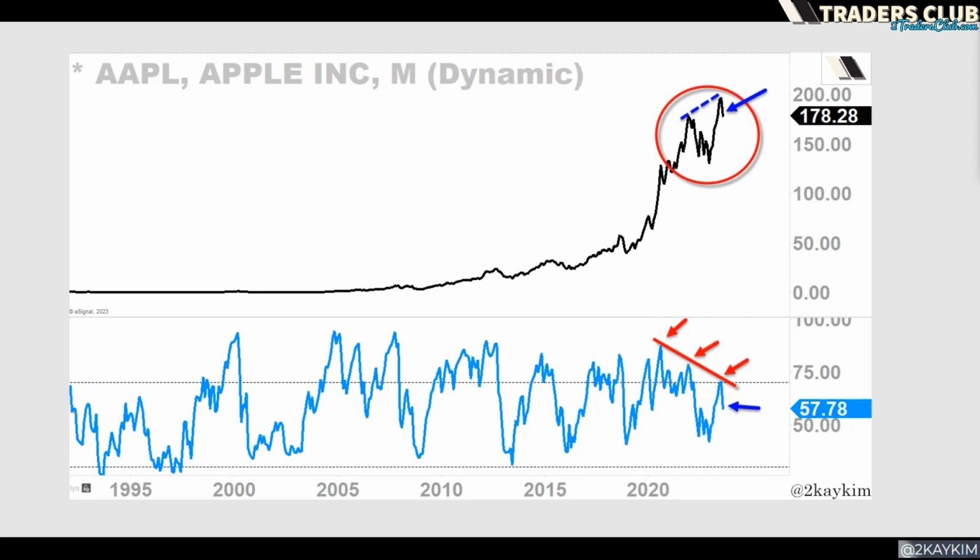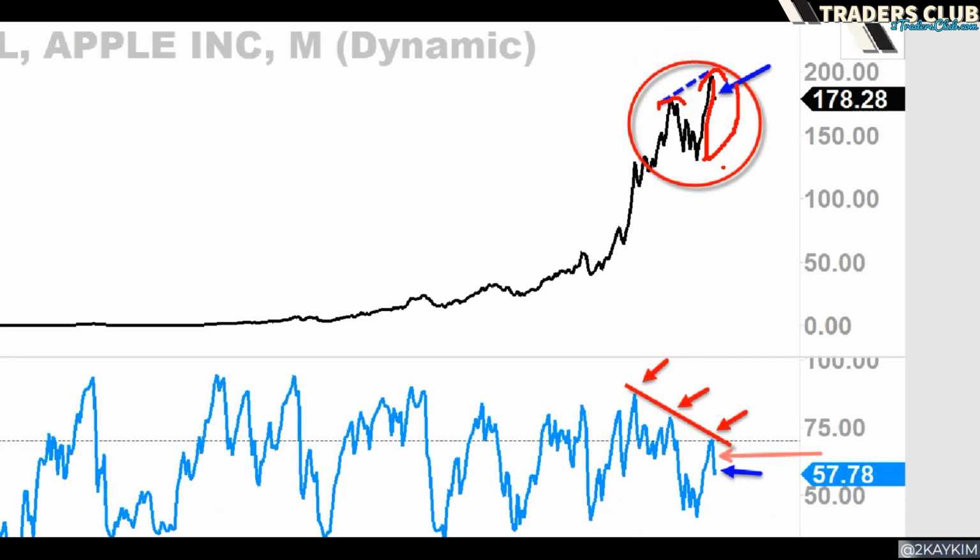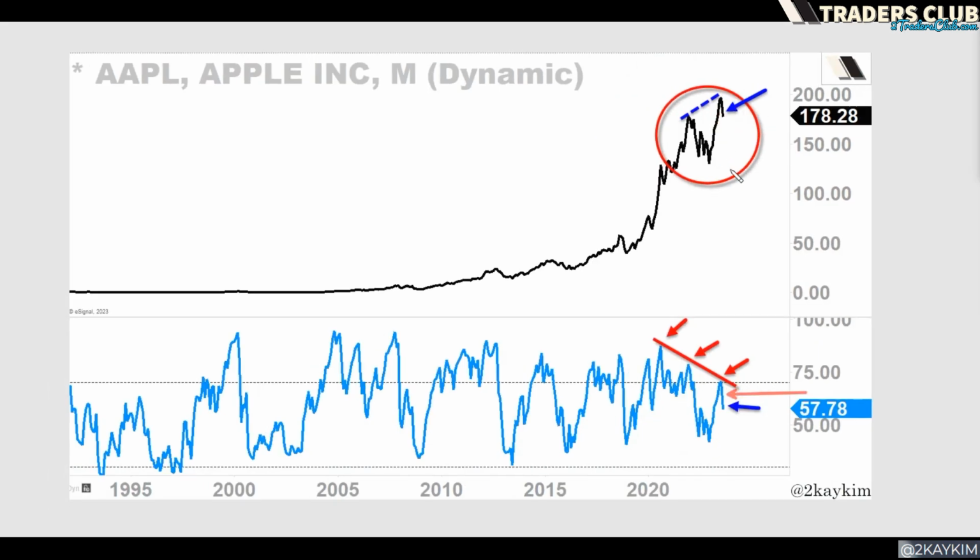But as long as the oscillator continues to make lower highs and travel to the downside, while the price action made a very definitive higher high here, and not only made that higher high, we actually just went straight up, as you can see right here, with the bearish divergence.